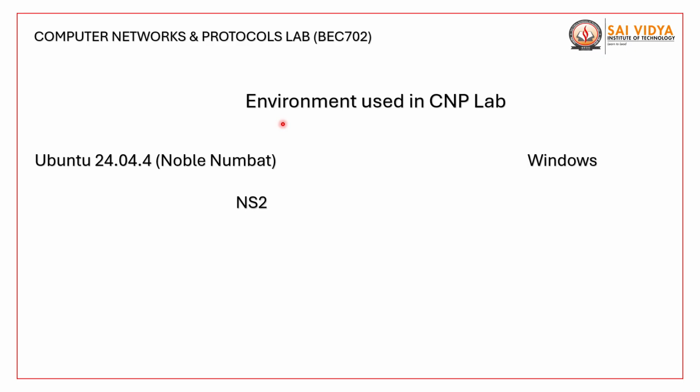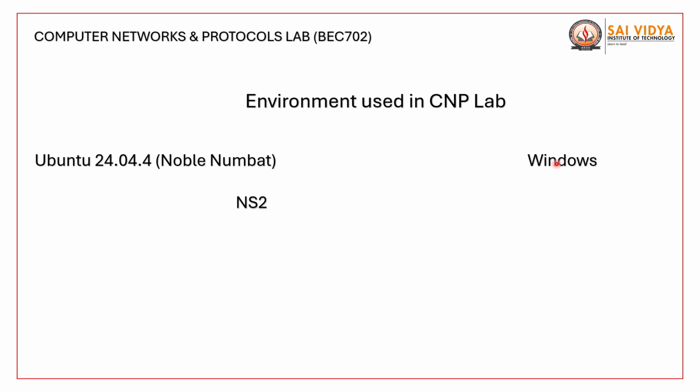Here in this lab, the environment used in Computer Network and Programming Lab is Ubuntu. The operating system we are using here is Ubuntu, and we are installing this NS2 Network Simulator 2. There is one more environment where you can run NS2 using Windows operating system also.